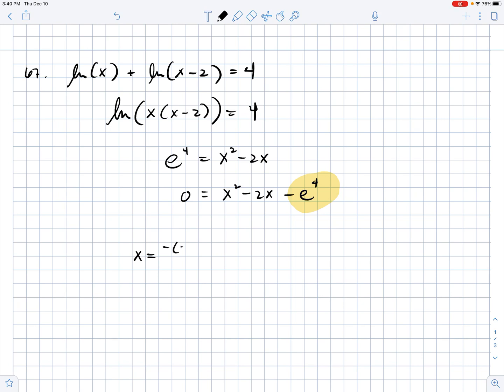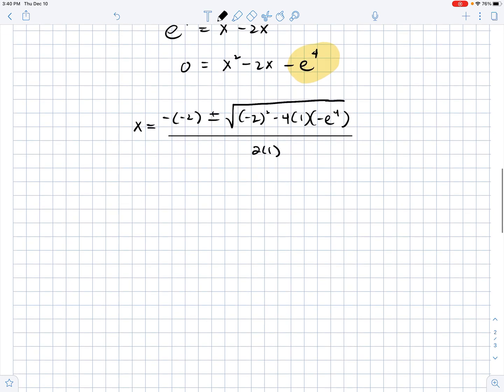So x equals negative b plus or minus the square root of b squared minus 4ac, all over 2a. Simplifying this, that's going to be 2 plus or minus the square root of 4 plus 4e to the 4th, over 2.